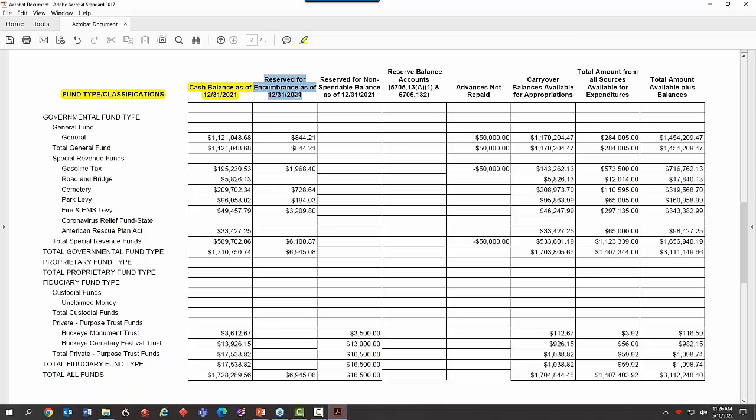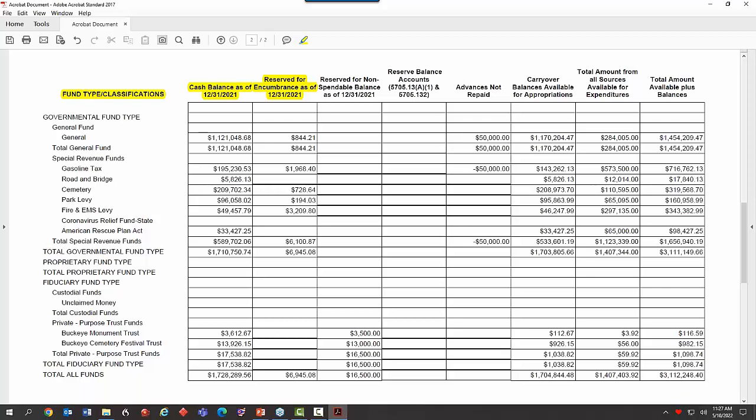So what is a carryover encumbrance? Well, for the most part, an item has a purchase order in the prior year. Let's say in December you go out and buy 16 widgets. You order them online and you're going to be invoiced for them. So you have the purchase order in December. The items arrive before the end of December, but the bill is not going to be paid until January because it did not come in time for regular scheduled payments.